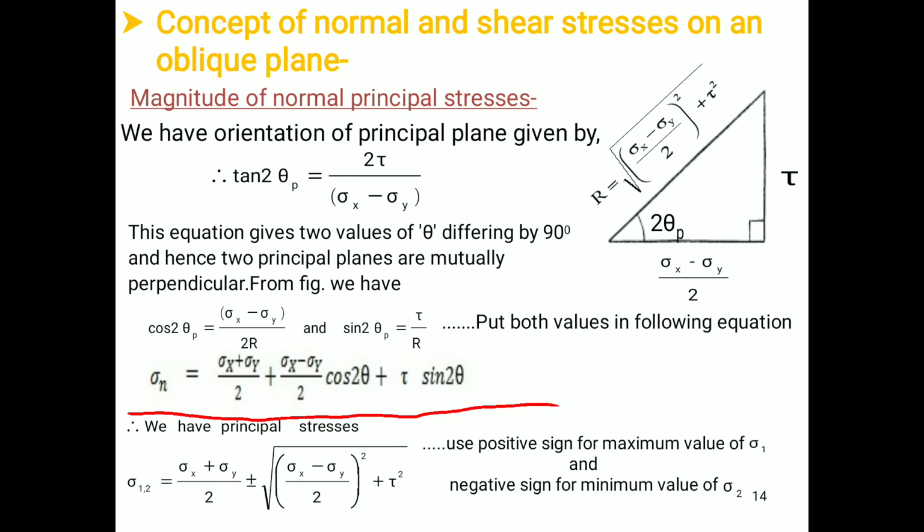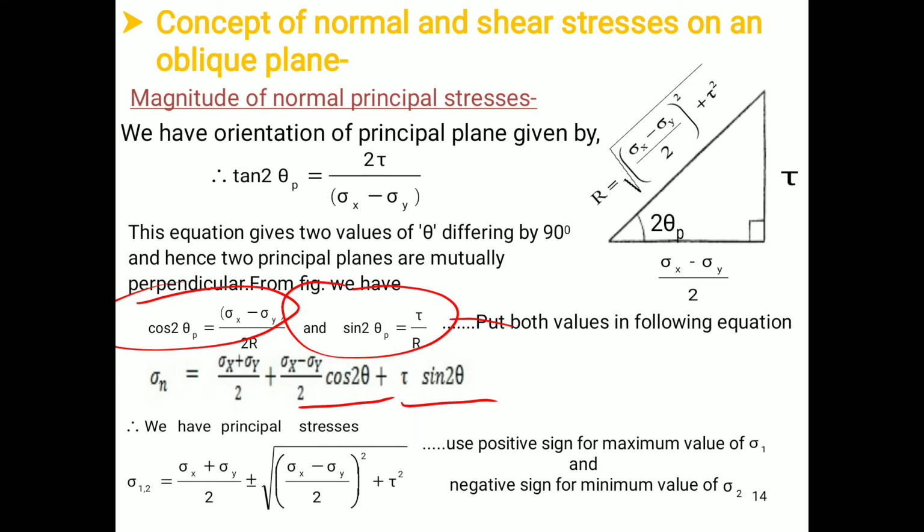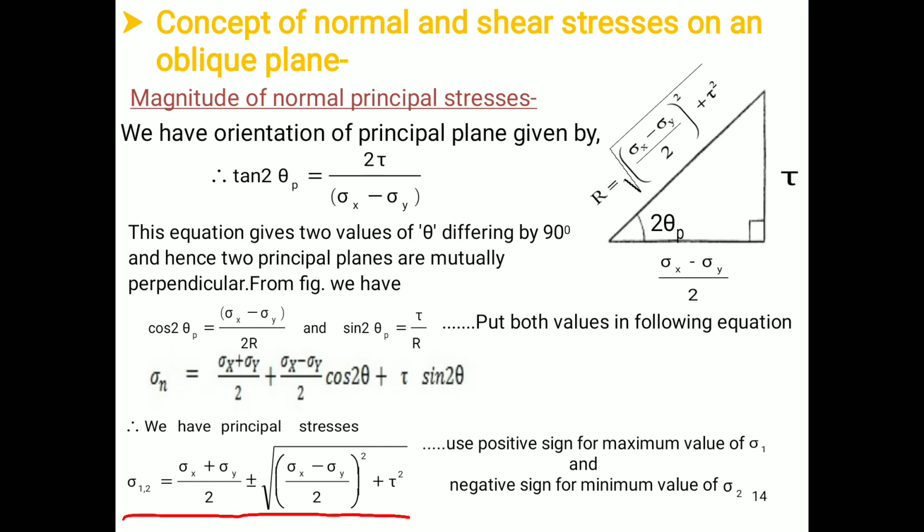If I put the values of cos of 2 theta and sine of 2 theta from this into this equation, I have the principal stresses given by sigma 1, sigma 2 equals sigma x plus sigma y by 2 plus or minus under root of (sigma x minus sigma y by 2) whole square plus tau square.